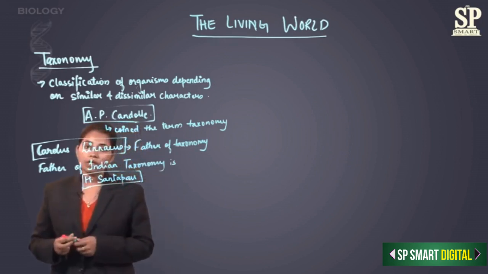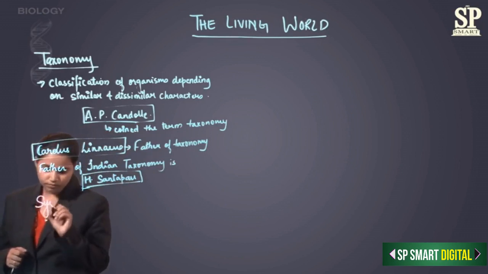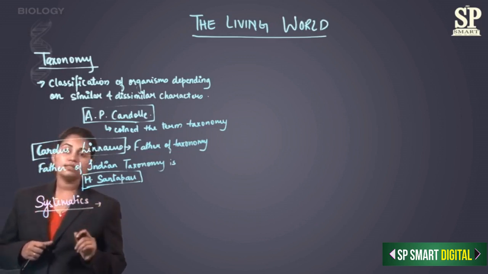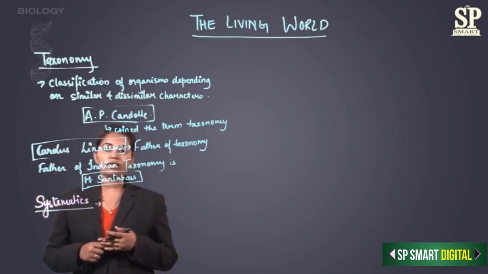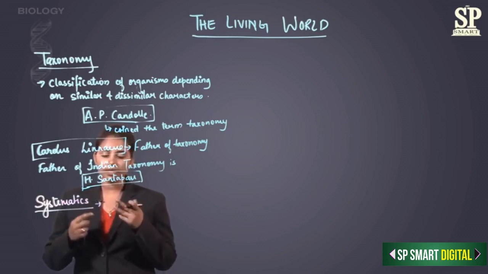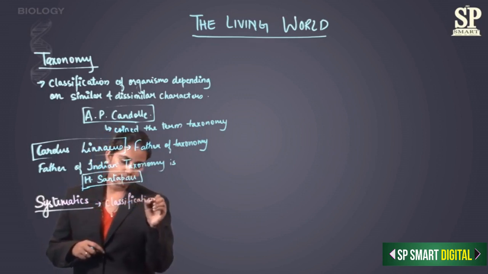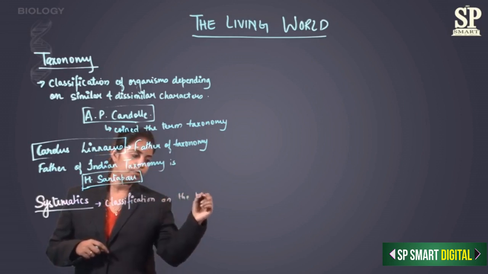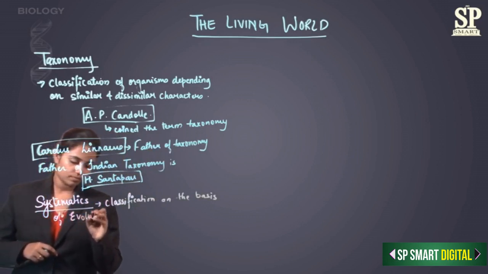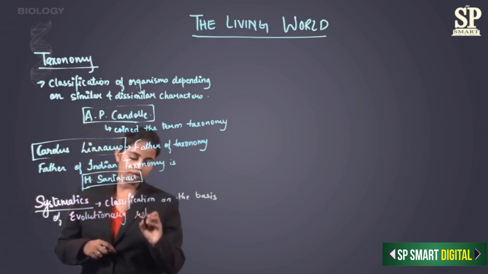And there is one more term called systematics. Systematics is classifying the organism on the basis of phylogeny, or on the basis of the evolutionary relationships they share. So this is classification on the basis of evolutionary relationships.